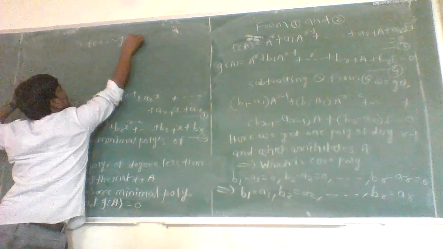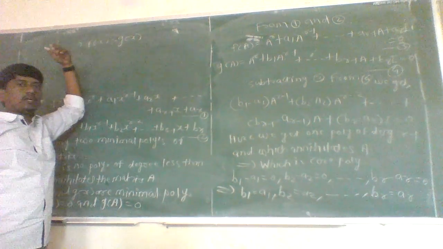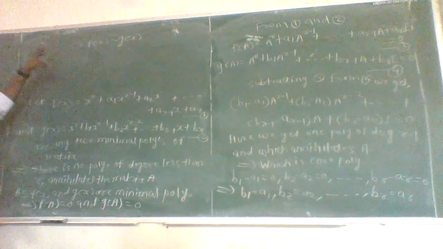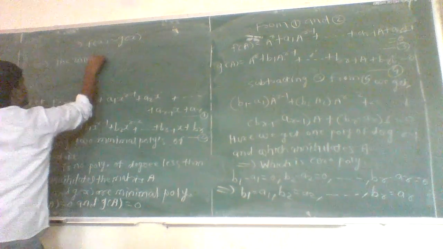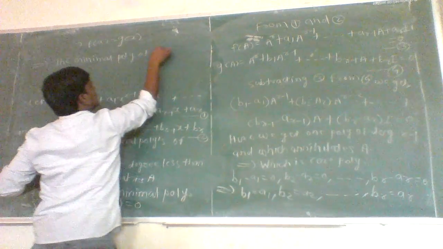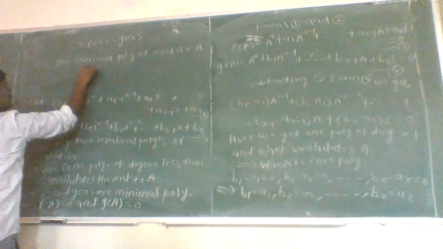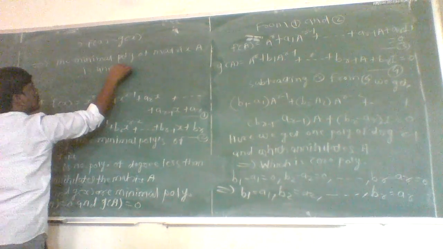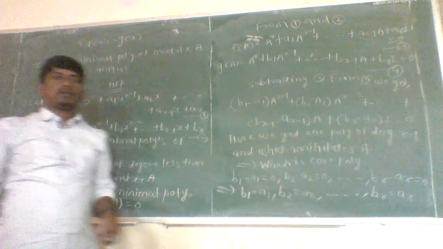So if we consider two minimal polynomials of a matrix A and we have proved that they are the same, then we conclude that the minimal polynomial of a matrix A is unique, which is the required result. Okay, thank you for watching the lecture.